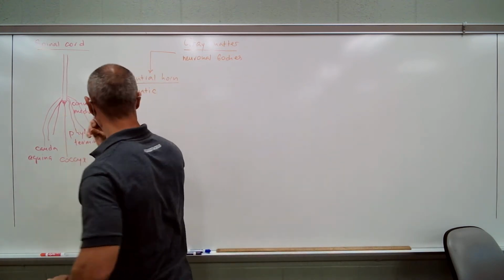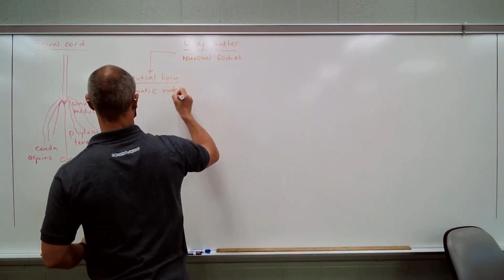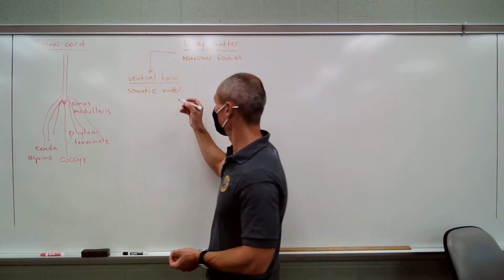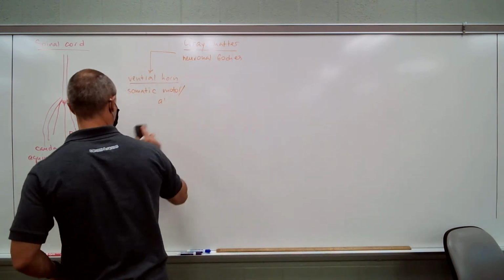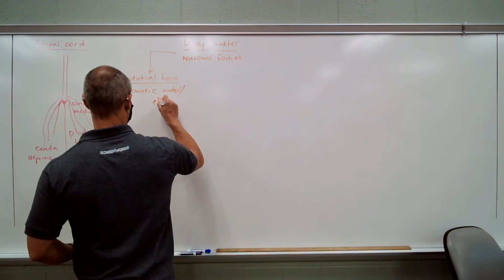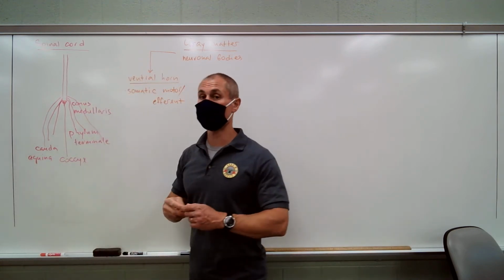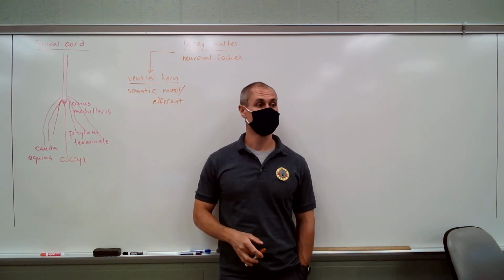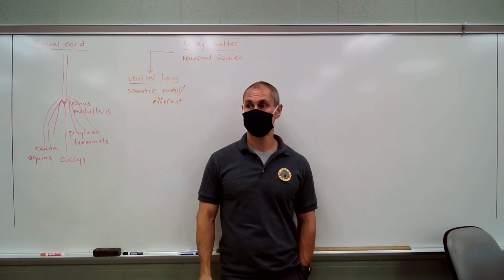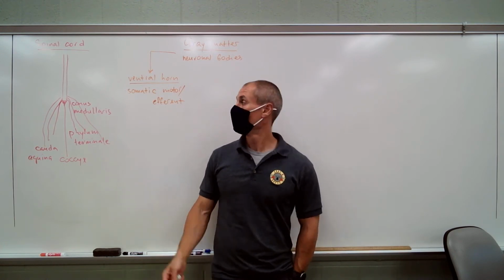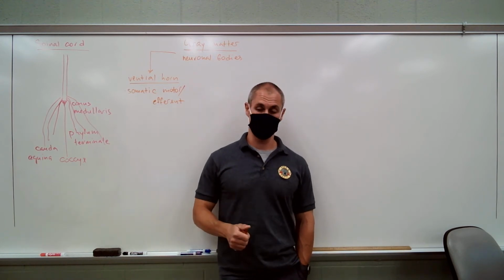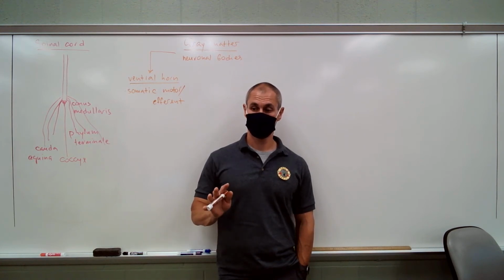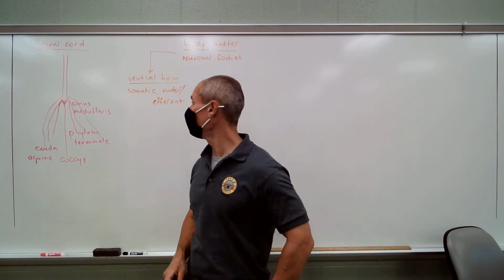Okay, I'm going to add, my bad, somatic motor, or what we call efferent neurons. So, somatic motor neurons, which organs do they control? There's only one answer. Skeletal muscles. So your ventral horns contain the bodies of neurons that control your skeletal muscles. This part's clear? Awesome.